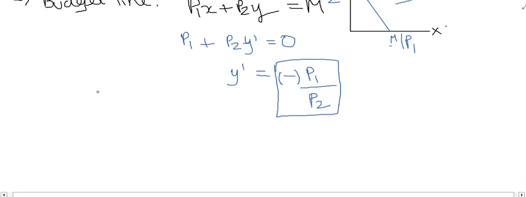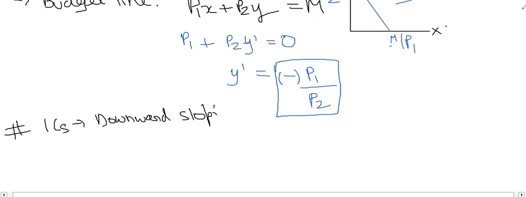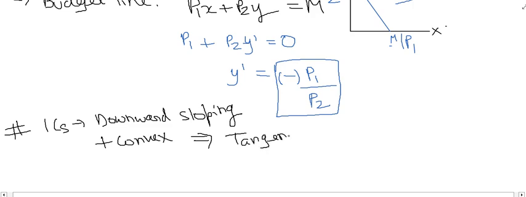Now another note of caution we would like to add here is that if the ICs are downward sloping and convex, which is the case in Cobb-Douglas, we apply the tangency condition. You would see it in more detail just after 2 or 3 minutes.